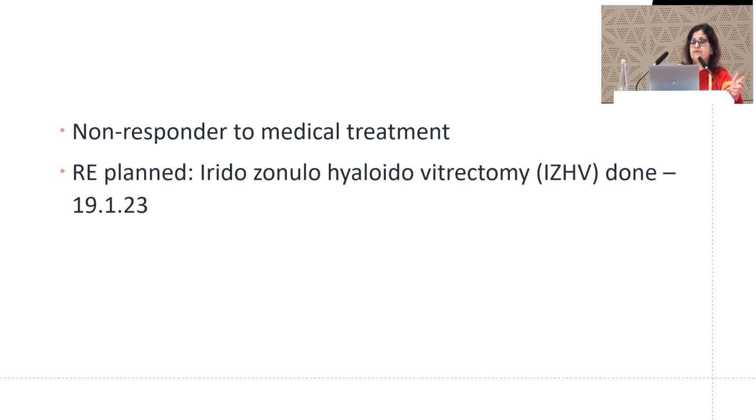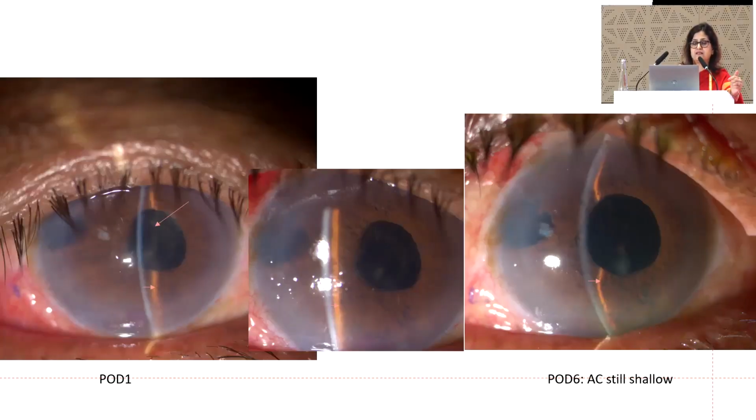So we did IZHV, which is now getting very popular. As you can see, through the iridectomy we did the zonulectomy and hyaloidectomy.